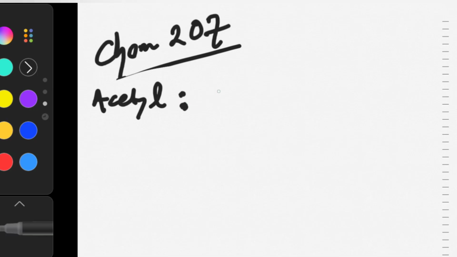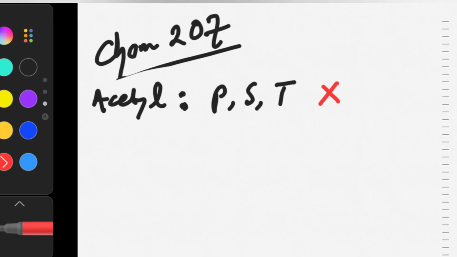It does not tell you if it is primary, secondary, or tertiary. It only tells you that the compound contains an OH group.